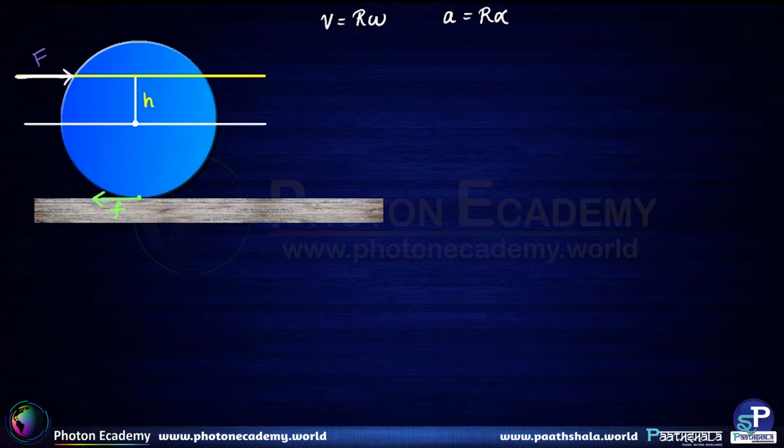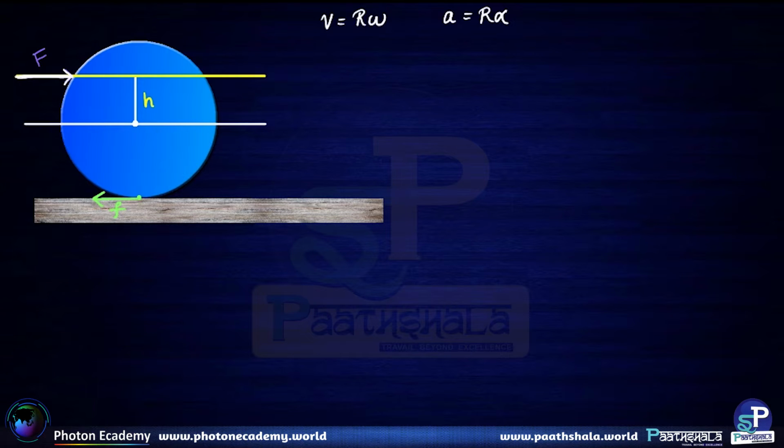Now let us start the analysis. To start with, we can write down the force equation. The force equation is F minus f is equal to ma. Usually in such cases, the coefficient of friction mu is also given.